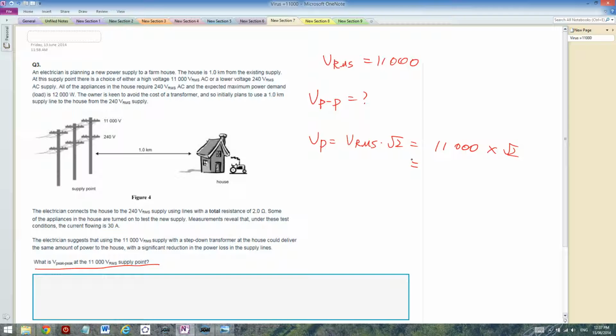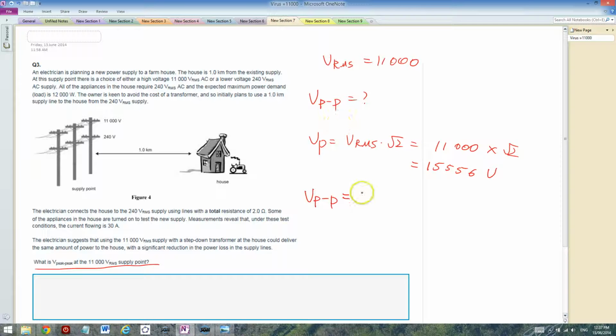Type it in your calculator, you have 1556 volts. However, when we have to do peak to peak voltage, this is the peak voltage, so peak to peak voltage should be this number times 2.